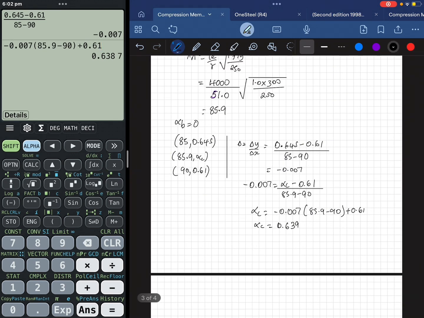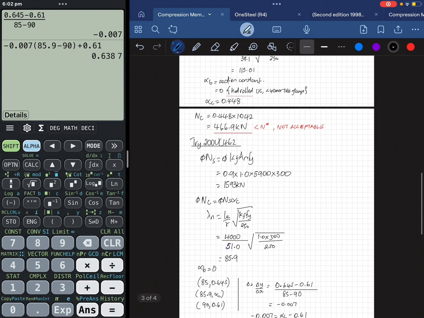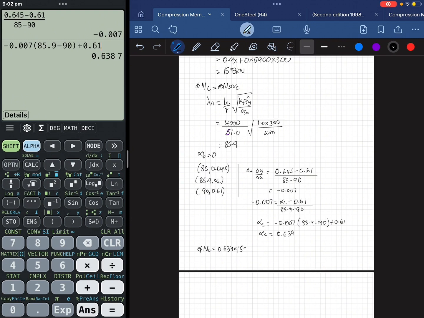So with alpha c being 0.639, phi Nc is going to be 0.639 multiplied by the section capacity, which was 1593. That gives us 0.639 times 1593, which is 1070.9 kilonewtons.